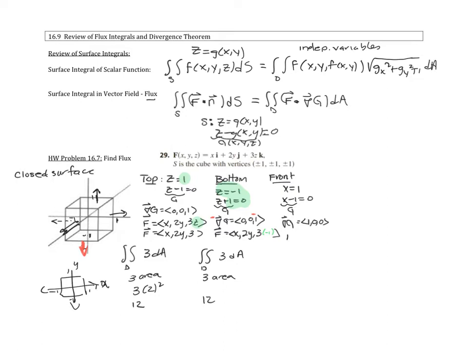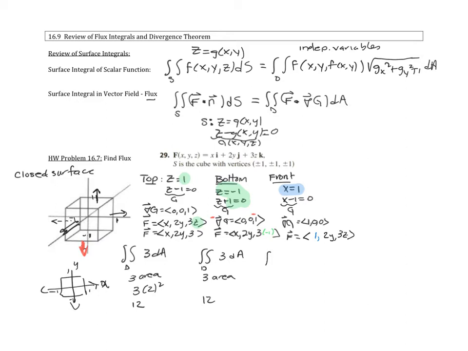Our f is x, 2y, 3z, but we're going to put in our surface, which this time is x equals 1. So our f is going to be x, which is 1, 2y, 3z.